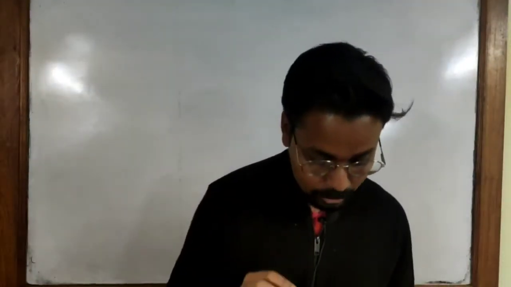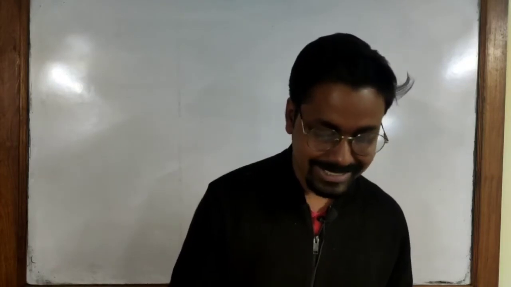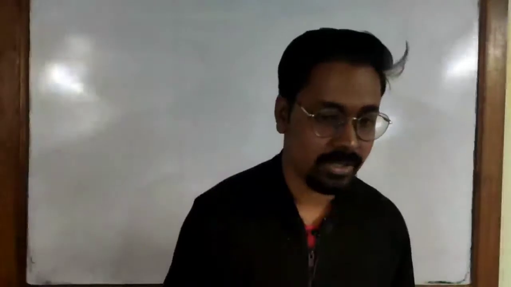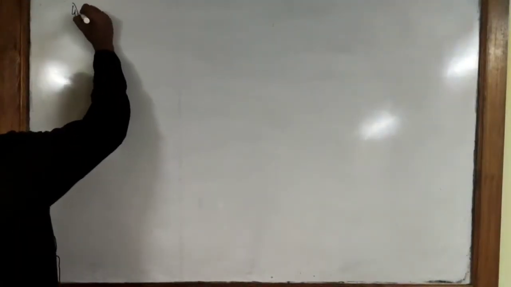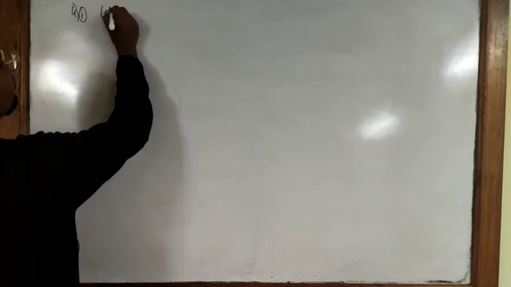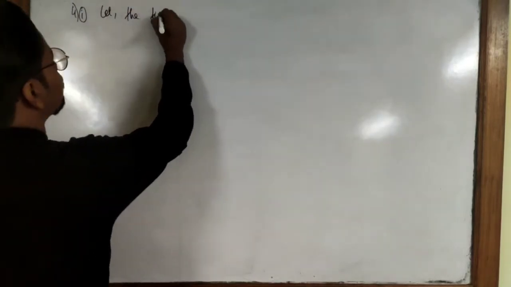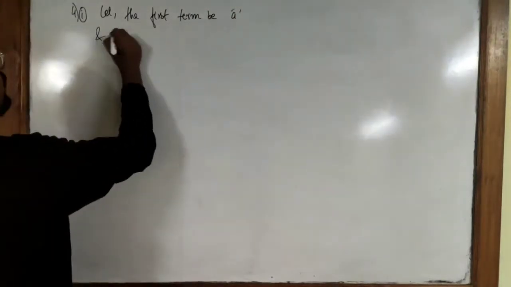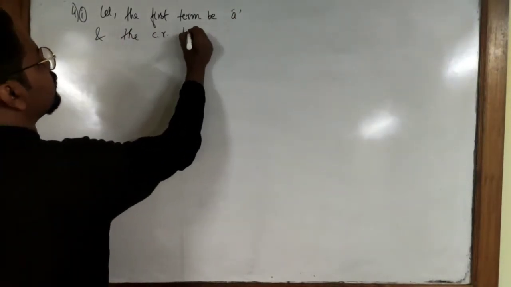And of these terms, the second term is 6 more than the first term. So, we are given two conditions and we have to find the terms. So, the sum of the first 3 terms. So, 4 1. So, let the first term be a, and the common ratio be r.